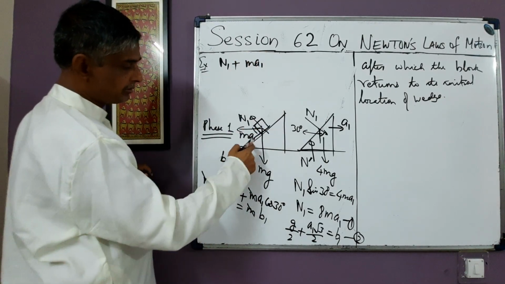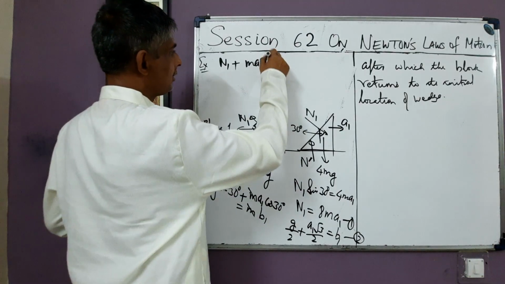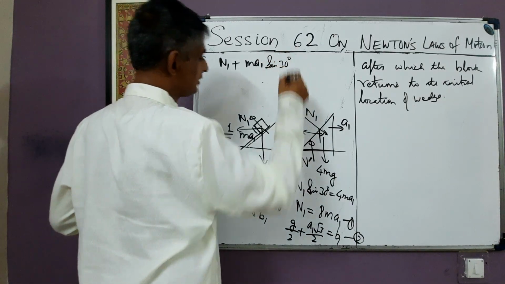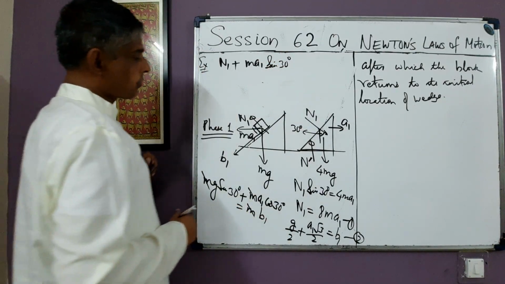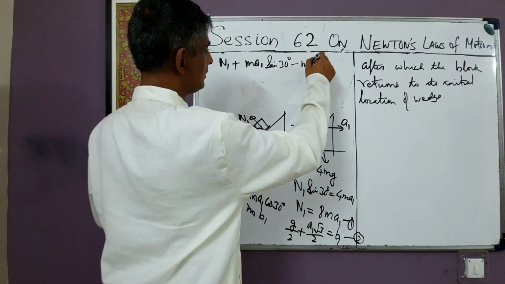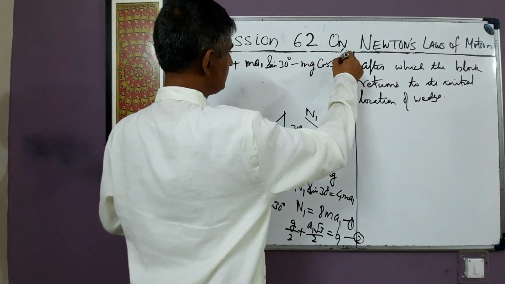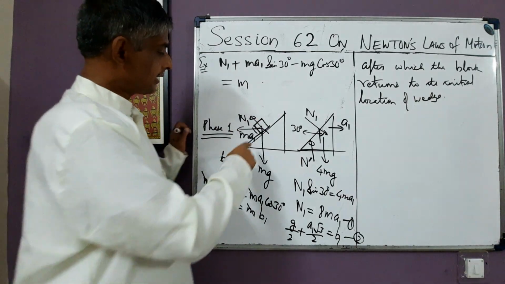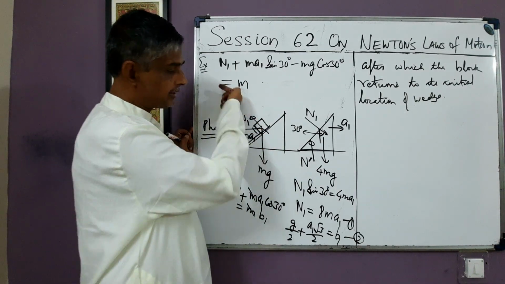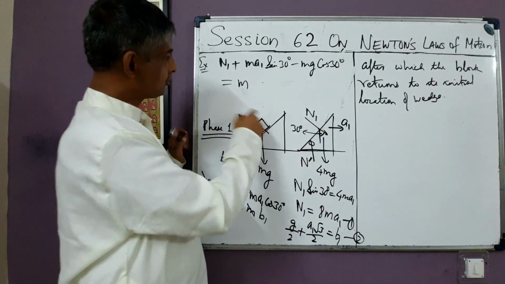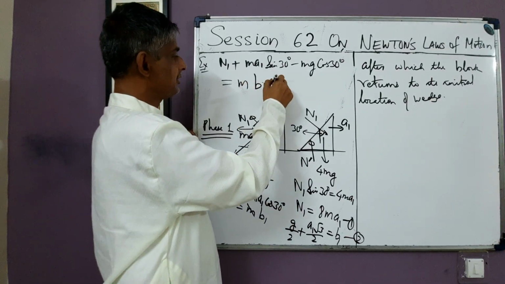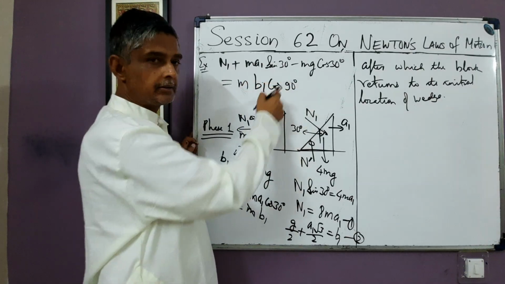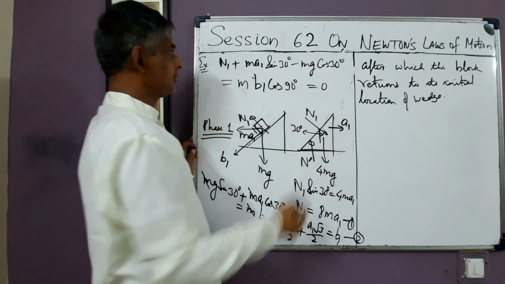This is 30 degrees by geometry, alternate angles. ma1 sin 30 degrees minus mg cos 30 degrees is equal to mass times the acceleration of the block with respect to the wedge in this direction, which is simply b1 cos 90 degrees, that is 0. Cos 90 degrees is 0, so this term goes away.